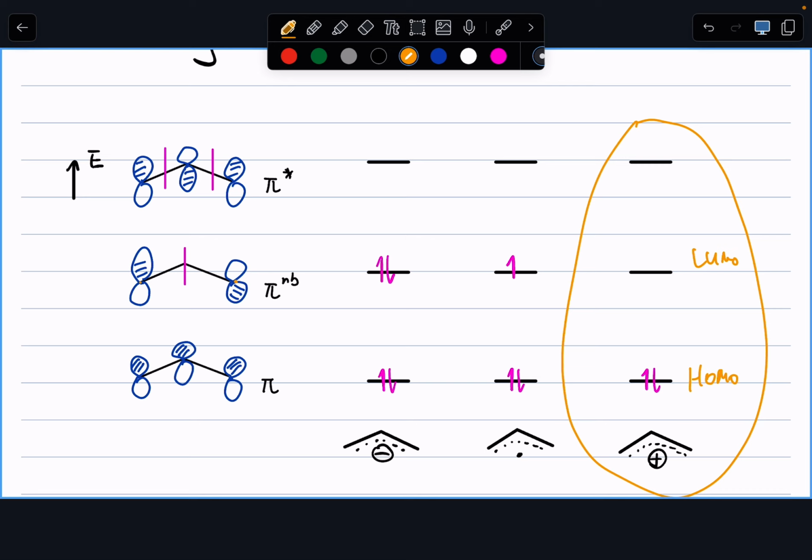All right. Now imagine we have a nucleophile attacking this allylic carbocation. Where will that reaction take place? If you have some kind of nucleophile ready to interact with the carbocation, where will that reaction take place?